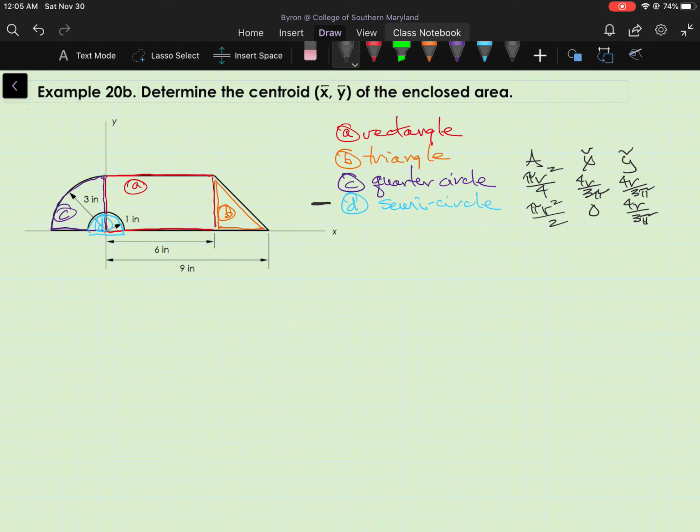Okay, now I'm going to make a table to keep track of everything. I really recommend doing this because if you have more than a couple pieces, it's a lot to keep track of, and I think the table may take you a little bit longer to set up, but in the big scheme of things, it'll probably save you time. So I'm going to call my first column piece.